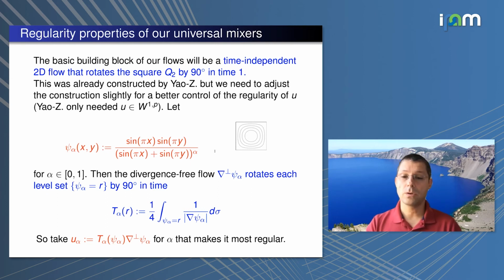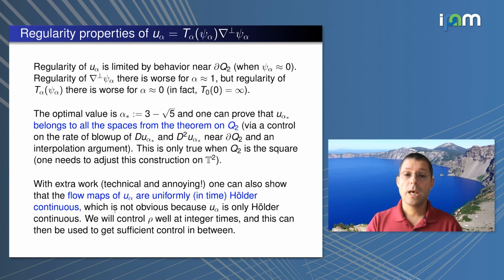The T is still going to be not great near the boundary, but it's going to be better if alpha is larger. And so you take this flow here, and then you ask for what alpha you get the best regularity. And it turns out you can do a little bit of computation, and you find out that alpha = 3 minus square root of 5 gives you the best regularity.